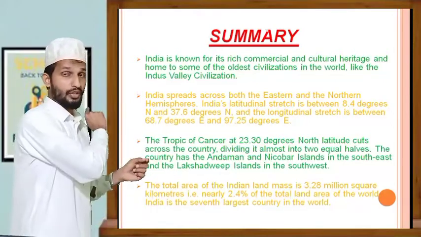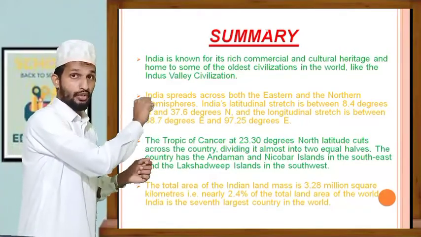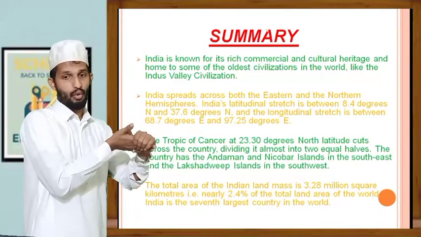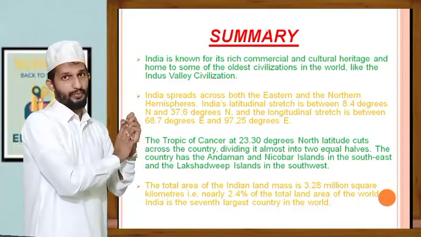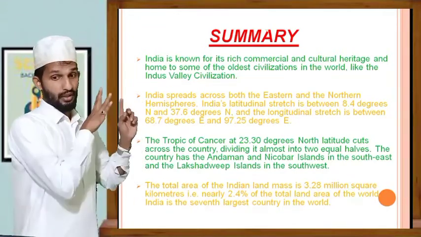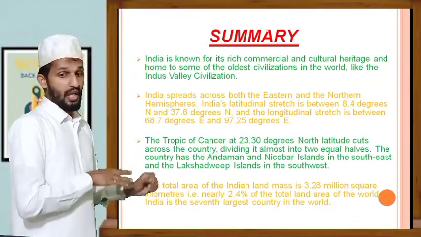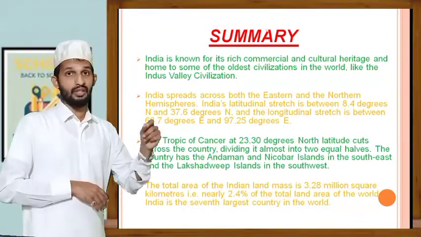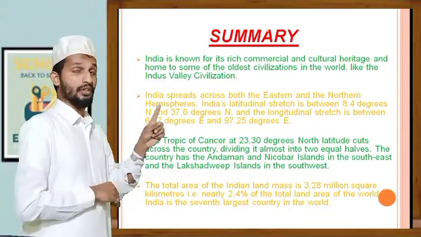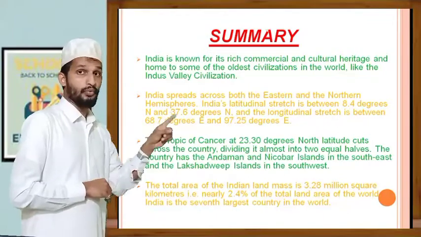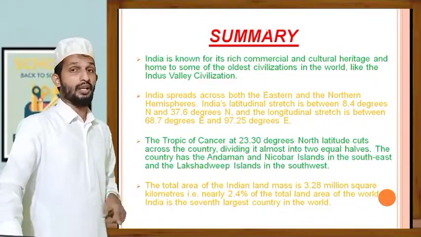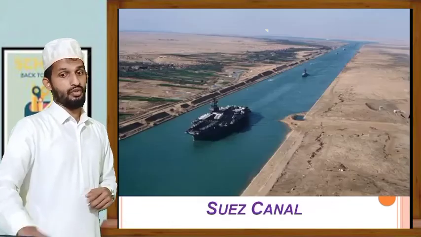The Tropic of Cancer, at 23.30 degrees north latitude, cuts across the country, dividing it into almost two equal halves. The country has the Andaman Nicobar Islands in the southeast and the Lakshadweep Islands in the southwest. India's total landmass covers 3.28 million square kilometers, which is 2.4% of the total area of the world, and India is the 7th largest country in the world.